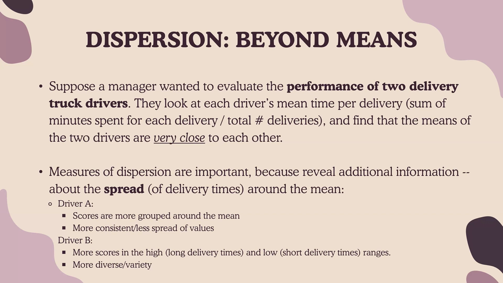Whereas driver B might have more scores on the high end, so longer delivery times, and more scores on the low end, so short delivery times. So there's more variability there. Therefore, for driver B, we'd have a higher variability score. With driver A, we'd have a lower variability score, right, because they're more clustered together.